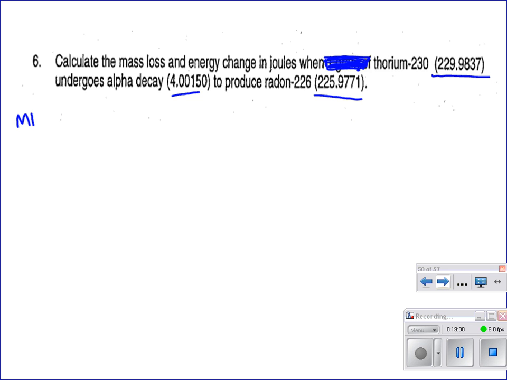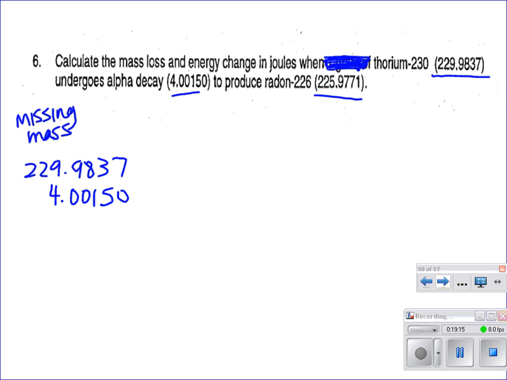So to find missing mass, I'm going to take 229.9837, and I'm going to subtract my 4.00150, and then subtract my, I should do it out, 225.9771. So go ahead and give me my missing mass.